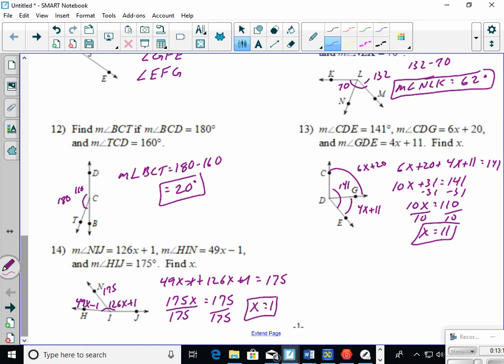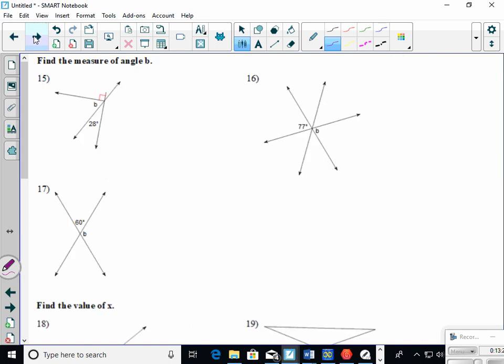Alright, so then moving on. Find the measure of angle B. So we have a couple different situations here. You have to recognize the situation. We have a right angle right here, so that means with this ray right here, this side is also going to have to be a right angle.